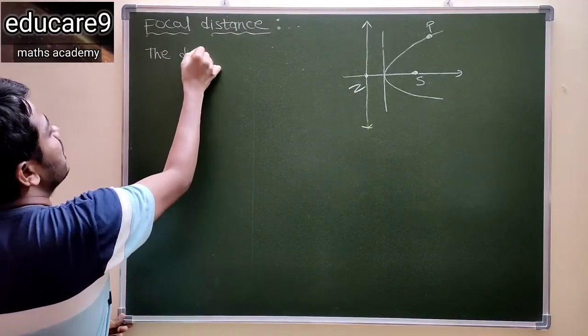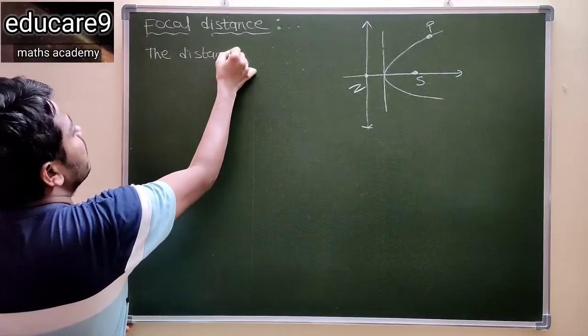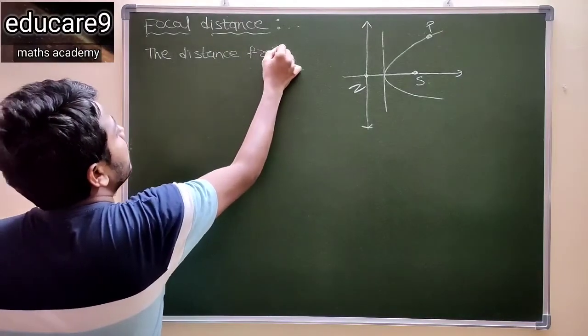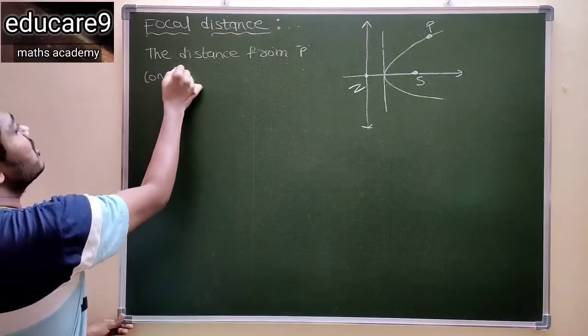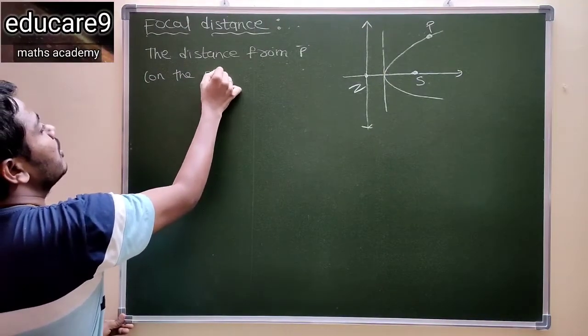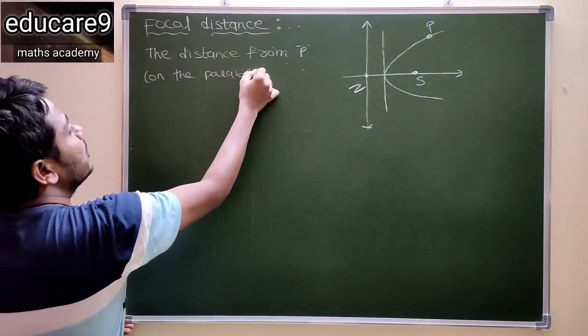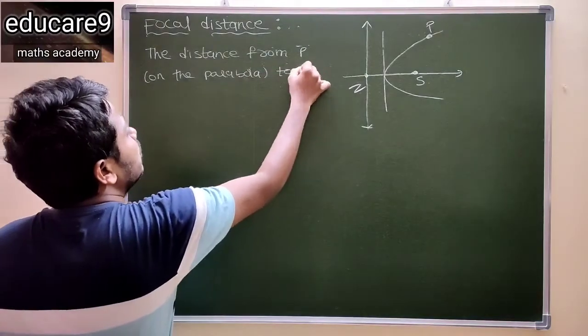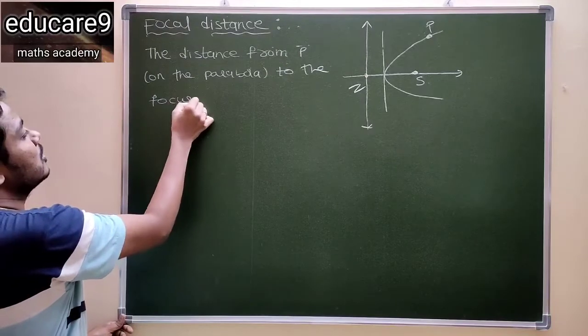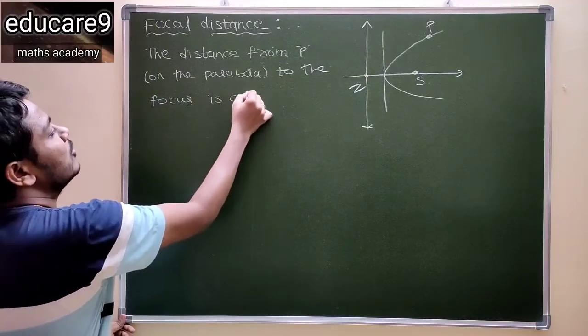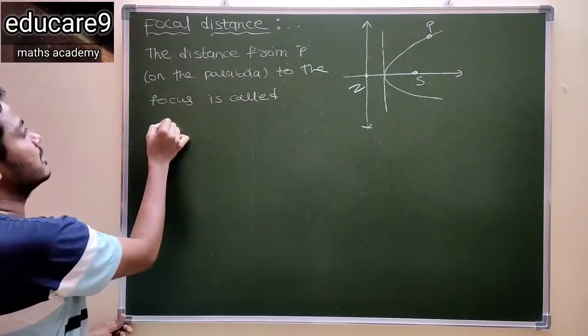The distance from P, so P lies on the parabola, to the focus is called the focal distance.